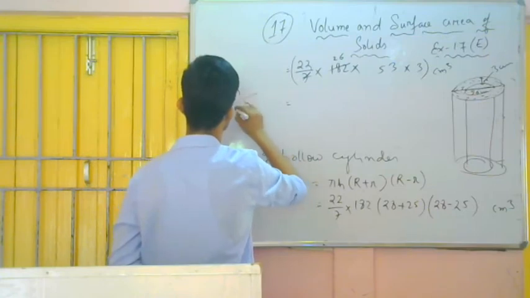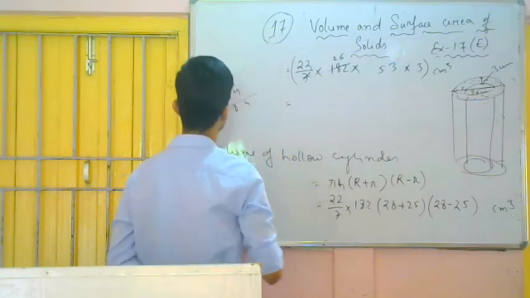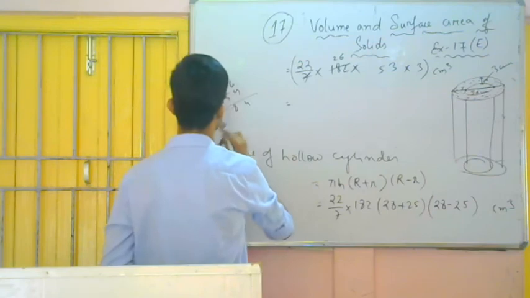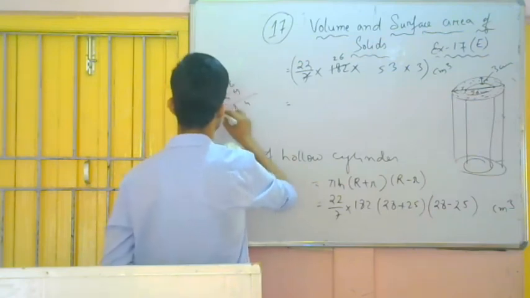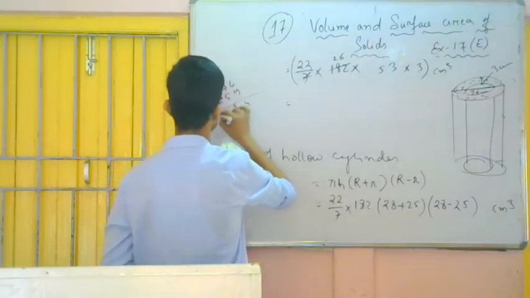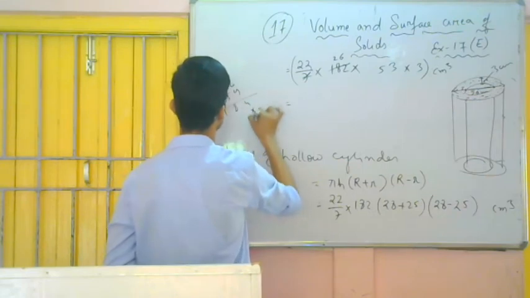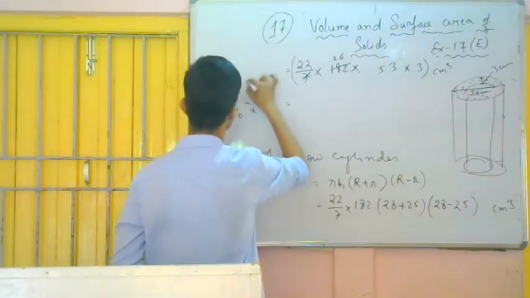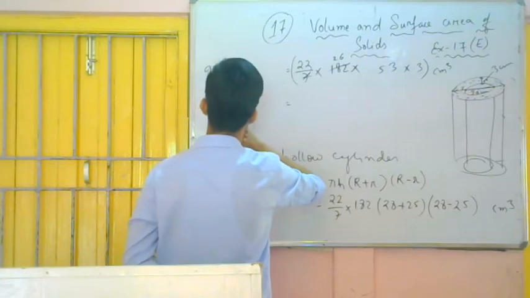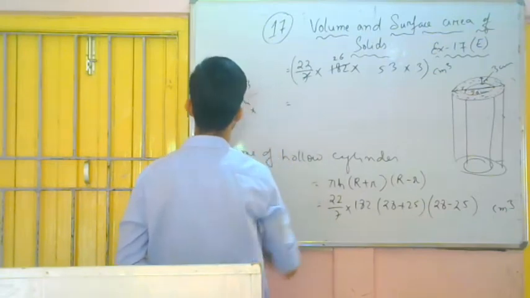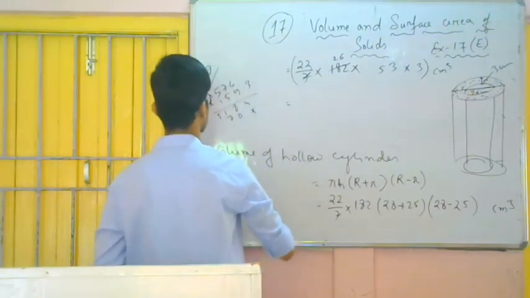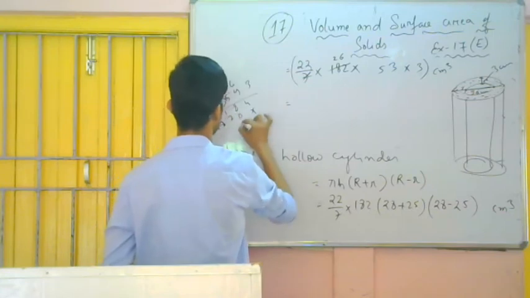63 plus 5, it is 68. 9 5s are 45. 45 plus 6, it is 51. Then 6 5s are 30. Then 5 7s are 35, 36, 37, 38. 5 5s are 25, 26, 27, 28.